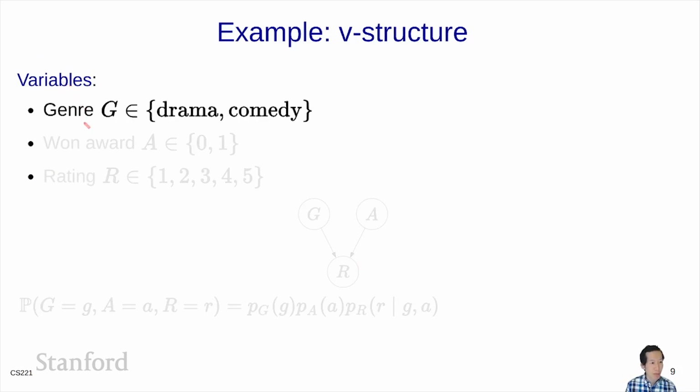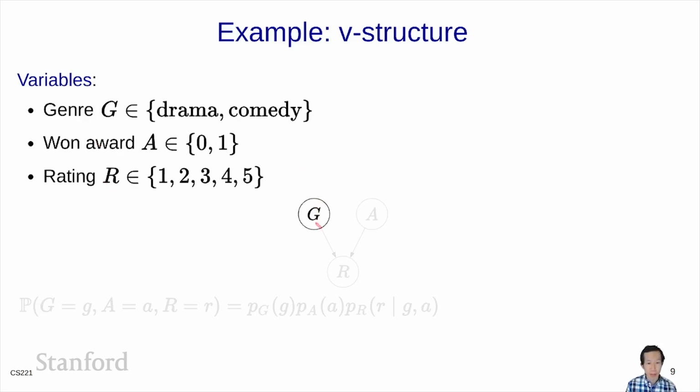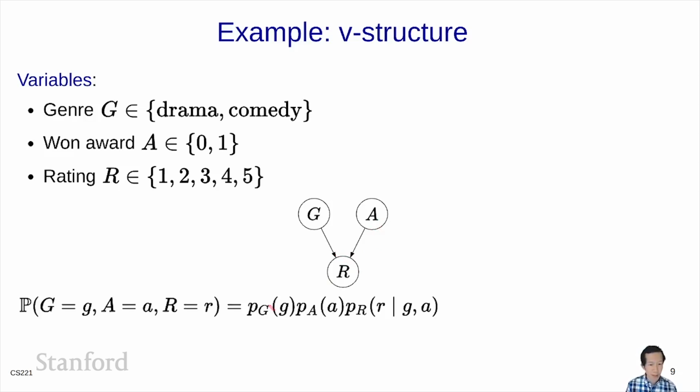So now let's consider 3 variables. We have a genre, whether the movie won an award or not, and the rating. So here we have a genre and whether it won an award, influencing how well the movie is rated. The joint distribution is P of G, P of A, P of R given G and A. So now we have local conditional distributions for each of these factors here. Remember that this type of structure was really special in Bayesian networks.